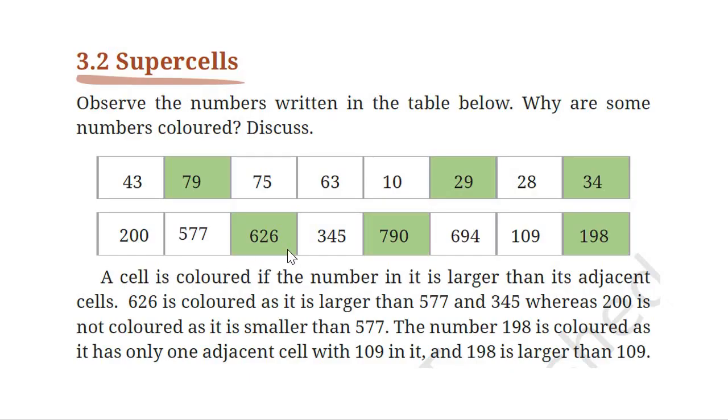So now after this first puzzle, let us consider the second number puzzle, which is your supercells. Now if you observe these cells over here, basically a row of numbers. Okay, how many columns? 1, 2, 3, 4, 5, 6, 7, 8. 8 columns.